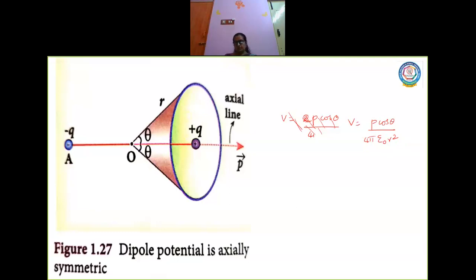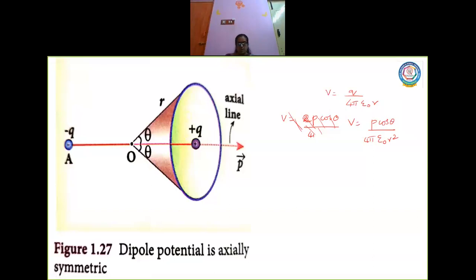Here we have already come across potential due to a point charge. What is potential due to a point charge? Potential due to a point charge is q by 4 pi epsilon naught r. If it is a point charge, r and V are inversely proportional. This is due to a single point charge, whereas here it is due to a dipole, which involves 2 charges, you have 1 by r square.